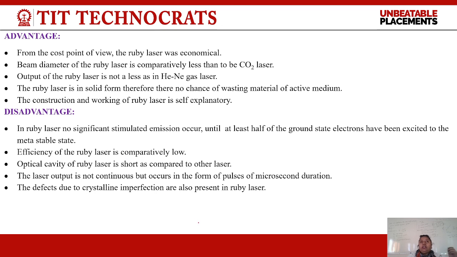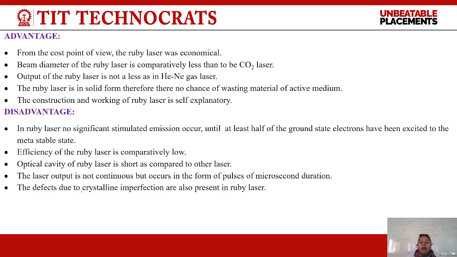Therefore its efficiency is very low, meaning we are using more power for excitation but getting much less power at the output side. Second, the optical cavity of the ruby laser is short compared to other lasers. The ruby laser is not a continuous laser, it is a pulse laser, which is again a very big issue.